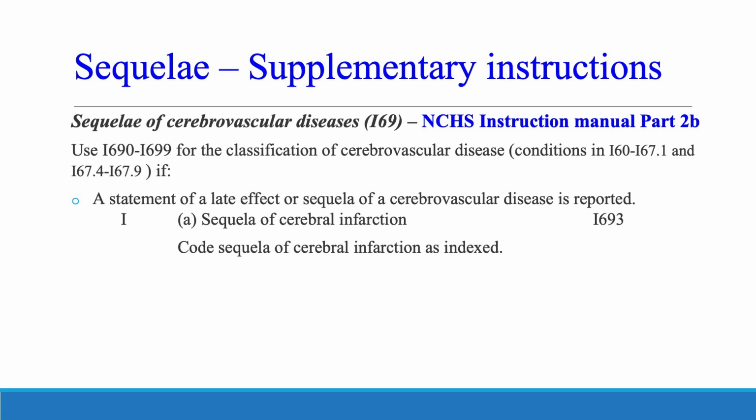In that manual, it tells us use I690 to I699 for the classification of cerebrovascular disease, conditions in I60 to I67.1 and I67.4 to I67.9 if a statement of late effect or sequela of cerebrovascular disease is reported, with a very straightforward example. In Part 1, on line A, certified sequela of cerebral infarction. The instruction is to code sequela of cerebral infarction as indexed, I693.